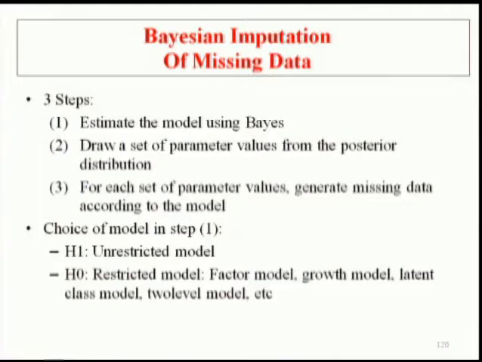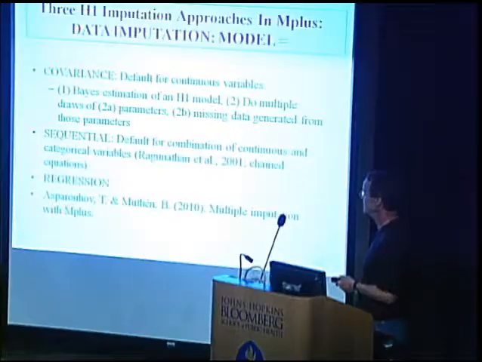So it starts again with estimating the model as usual using Bayes. You have a posterior distribution at the end, and then you take a random draw from that for all of the parameters, and given those parameters and given the model, you do random draws of the data according to that model. That gives you one data set. That's how multiple imputation comes about.